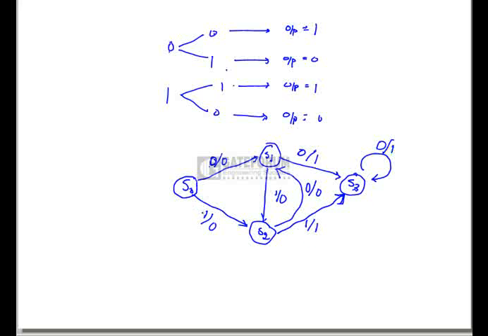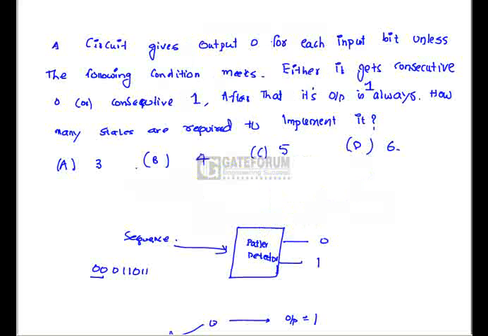After getting two consecutive ones, after entering into state 3, it is going to stay in state 3 itself. If one more 1 enters the pattern, that is 1 by 1. Hence it requires 4 states to implement this pattern detector, that is option B is correct.